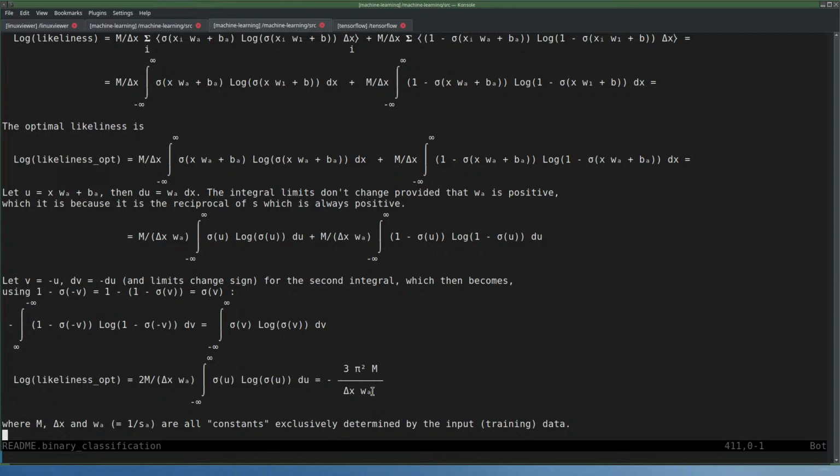So WA is 1 over S. We have dx, and we have m, and we have pi, of course. I don't need that actually, I just want to calculate this. That's nonsense, I already know that.